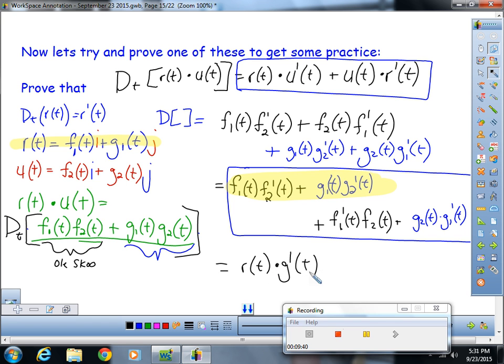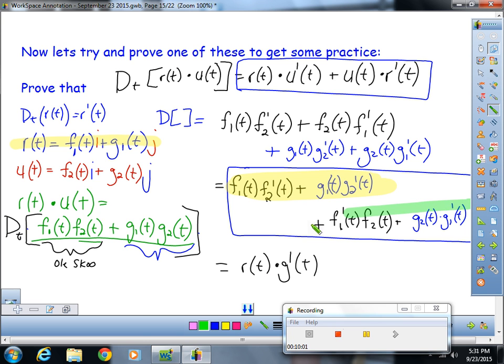Can you see that? It's f1 of t times f prime 2 of t. It's this times f prime 2 plus g1 of t, this times g prime 2 of t. This is r of t, and what is down here?